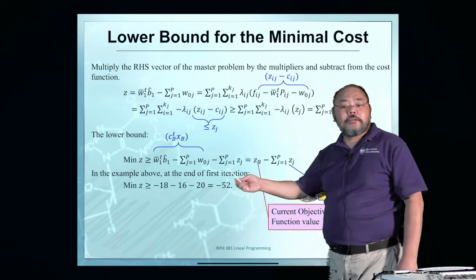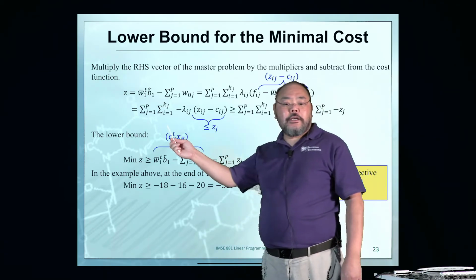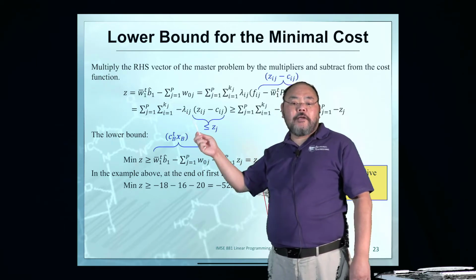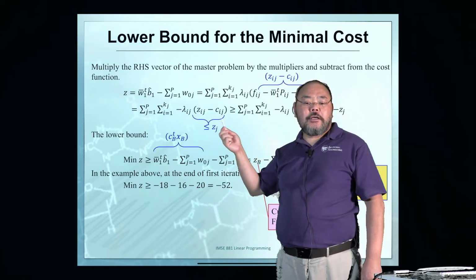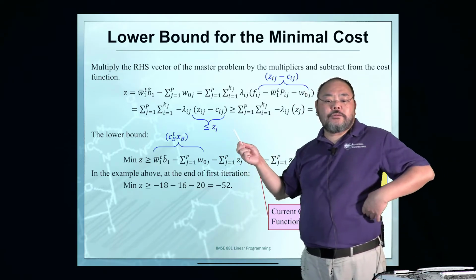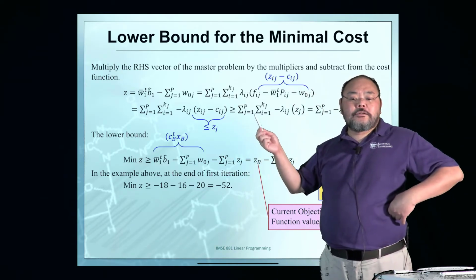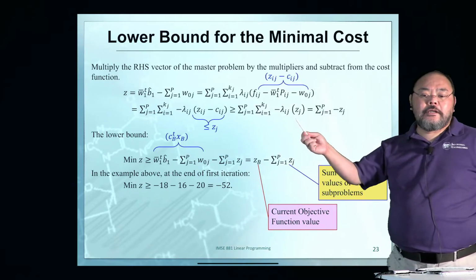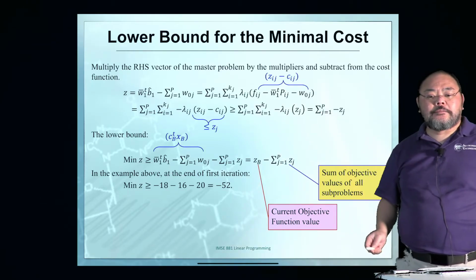And look at this, if we put it together, it equals the summation of negative lambda ij times zij minus cij, which is smaller than z, equal to zj. It's greater than or equal to the summation of negative lambda j times zj.